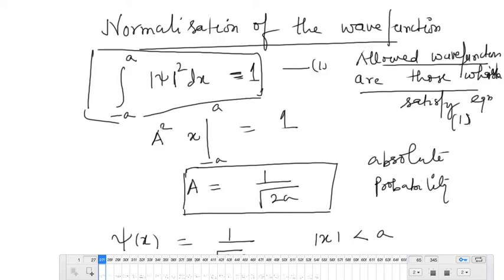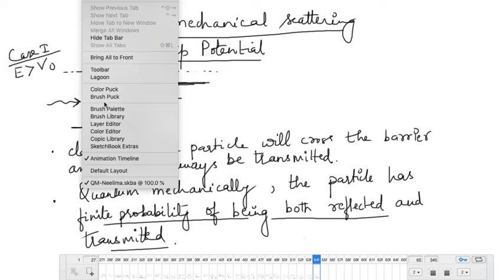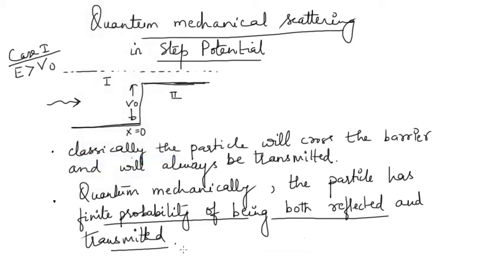We'll try to see whether it happens or not, or what do we understand by this. So how do we proceed? We'll try to write the Schrodinger equation in region 1 and 2. Okay, so let us start.